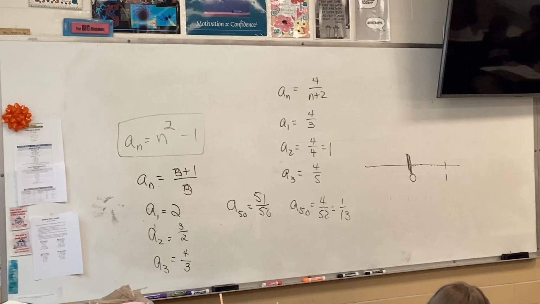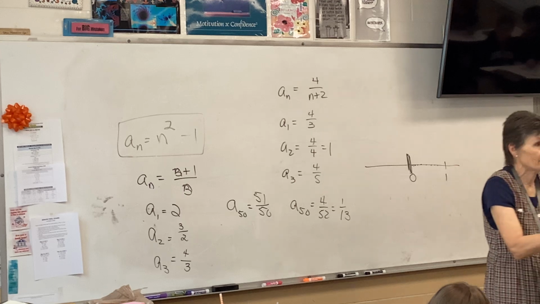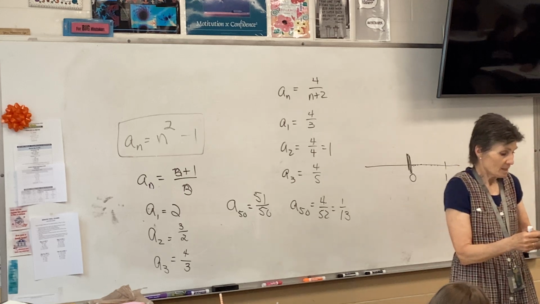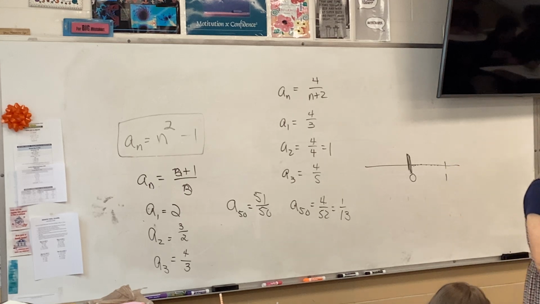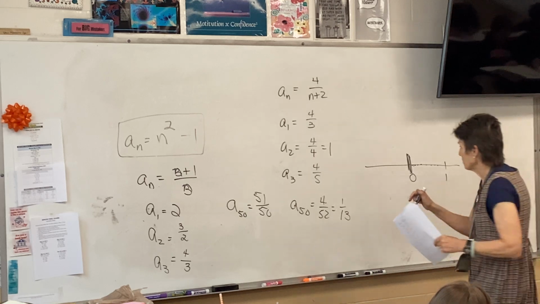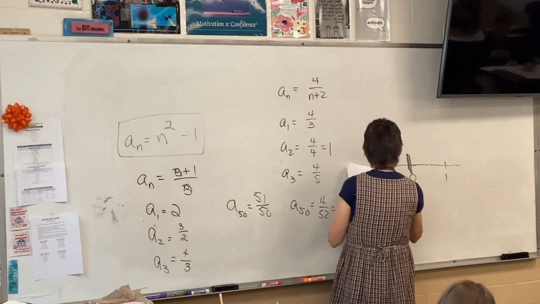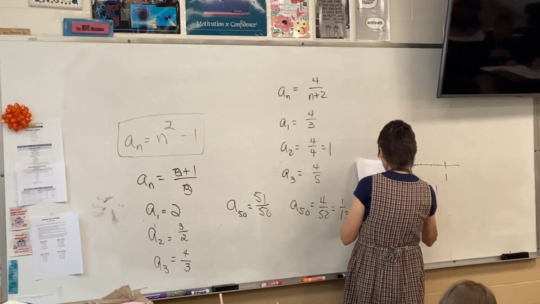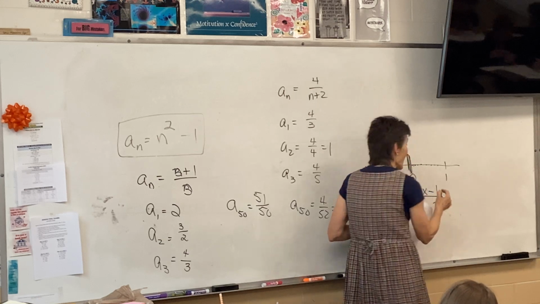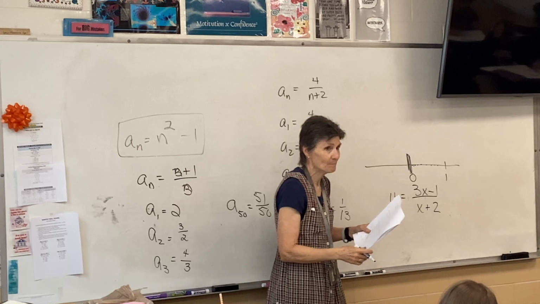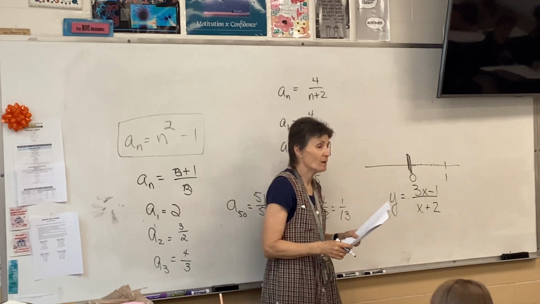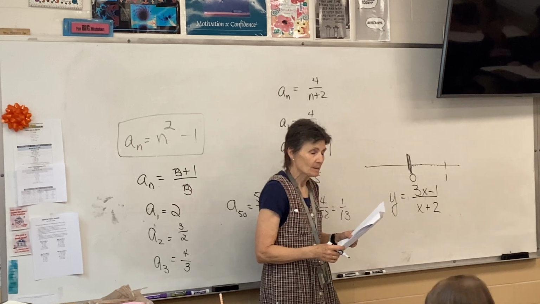These terms are getting closer and closer to 0, but they're never going to pass it. Okay, let's take a look at C. Before you panic and freak out, you have seen problems like this before. They had x's in them, not n's, but we all know letters don't matter.